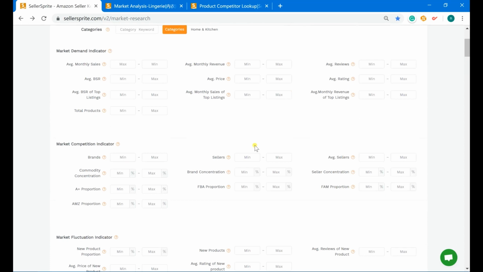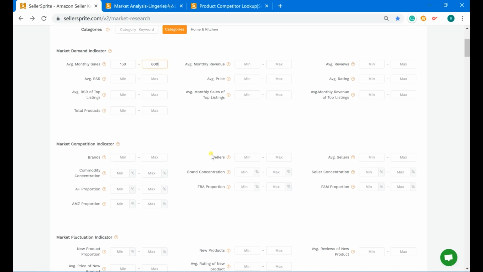For example, I want to enter a market with moderate market capacity. So here, for the average monthly sales of 100 products, I will fill the value 150 to 600. And as I'm not a powerful seller, I want to avoid competing in a market monopolized by a few brands and sellers.